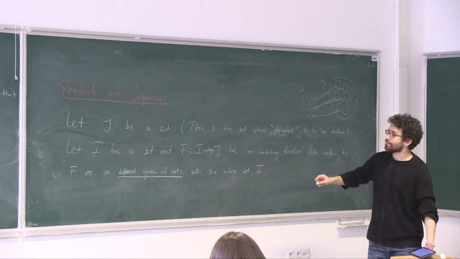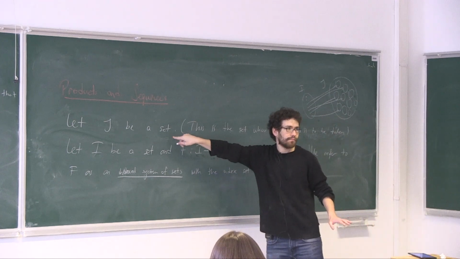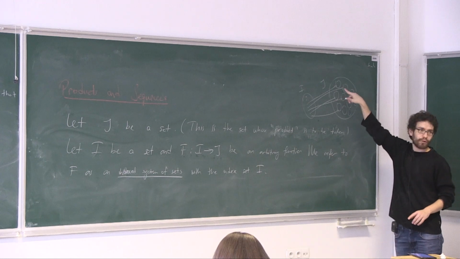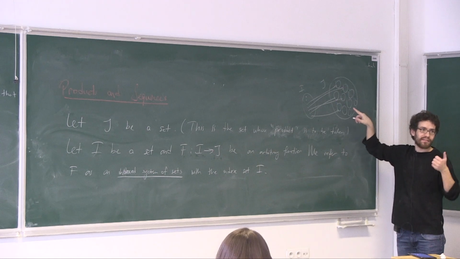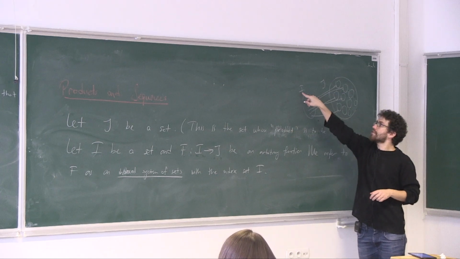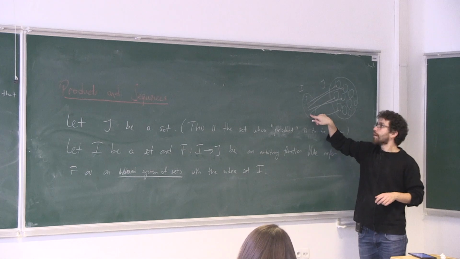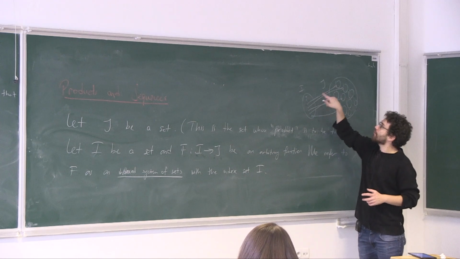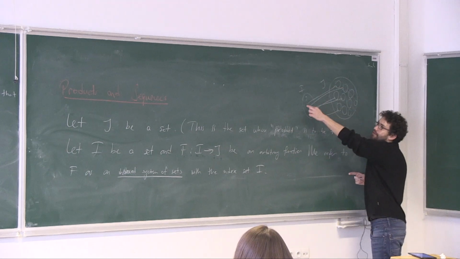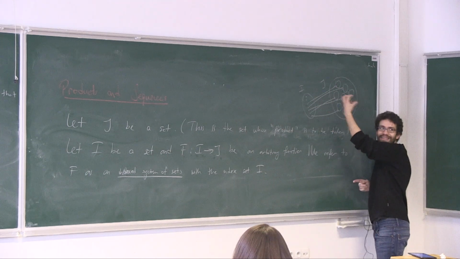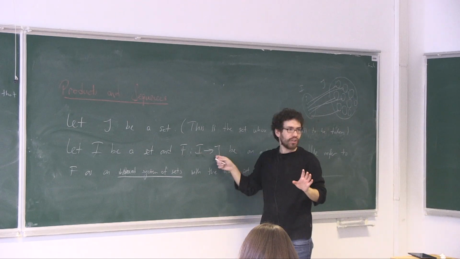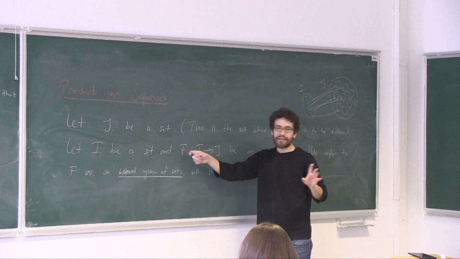Now, I have a set J. J has its elements. I want to take the Cartesian product of all these elements at the same time. I need labels for this. So I create another set I. This is the set of my labels. Now I consider a function from I to J. And that basically labels each set. The label of this set is this guy. The label of this set is this guy. So I just name every set in here. When I say a function from I to J, I don't simply mean a well-defined relation.